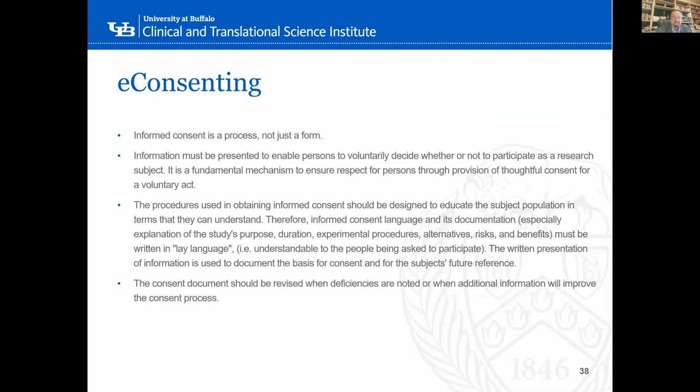Now there's our article. So e-consenting, getting more and more, we can get data from patients to do clinical trials. There's real world evidence trials.